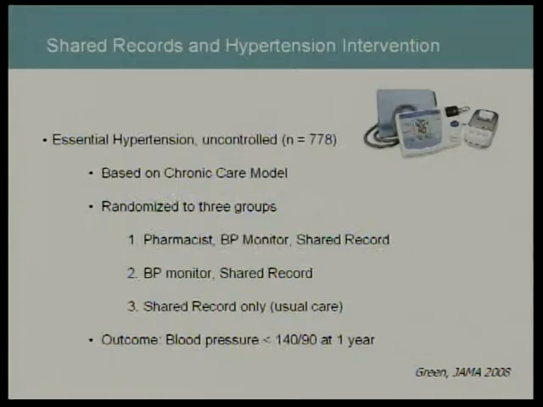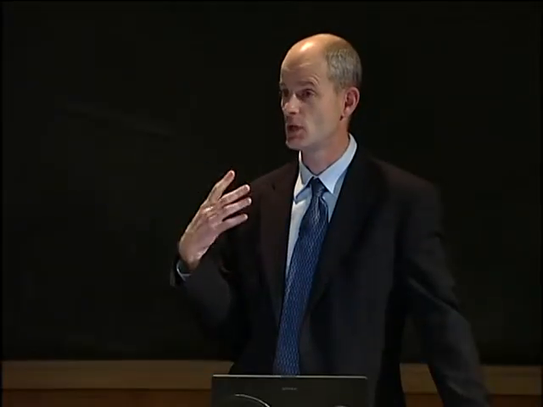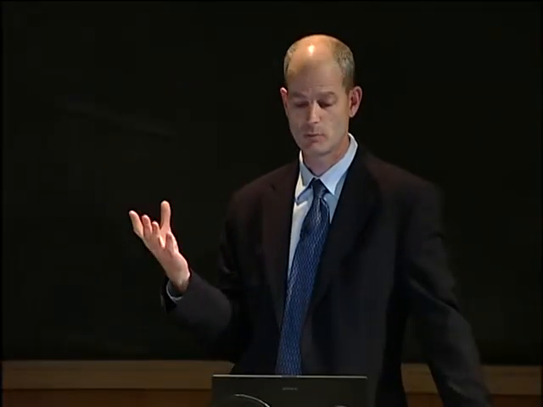Dr. Goldberg also informed this larger study done at Group Health Cooperative of 778 folks with essential hypertension. Very similar model of intervention design based on the chronic care model, but randomization was different in these 3 groups. The first group had a pharmacist case manager integrated with primary care that could engage with patients over the web or over the phone if need be, and exchanged emails with them about their blood pressure.